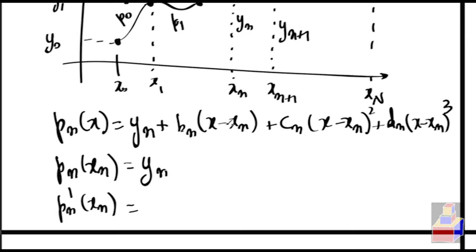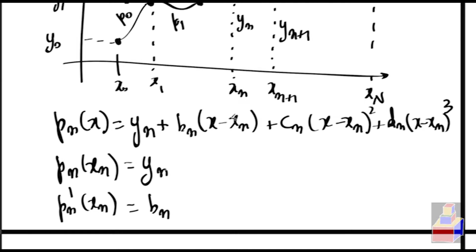The derivative is going to be Bn plus 2 times Cn times (x minus xn). But at xn, this is going to be 0, and the other term is going to be 0. So the first derivative is simply the linear coefficient. That's what we expected.